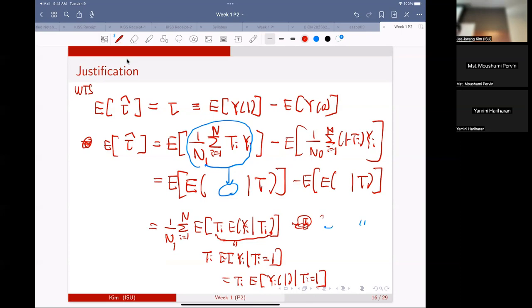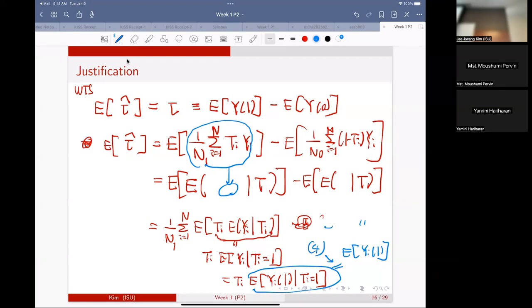And then by independence, this one is equation 1, right? Which is 4. And this one, we don't have a dependence on i. So here you have a denominator N1, and then you have a summation over ti, which is N1.